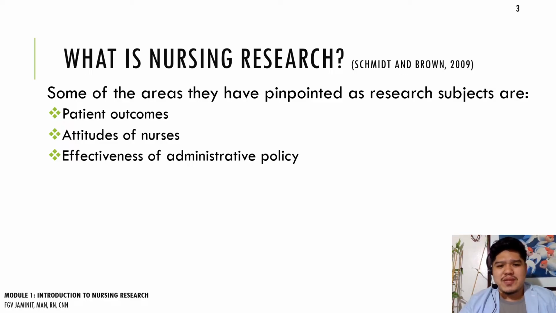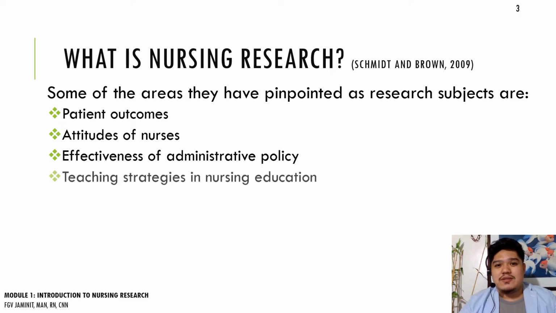Another one is the effectiveness of administrative policies. So, for example, an implementation of an evidence-based practice learned from the results of other researches being implemented in the institution these nurses are working in.